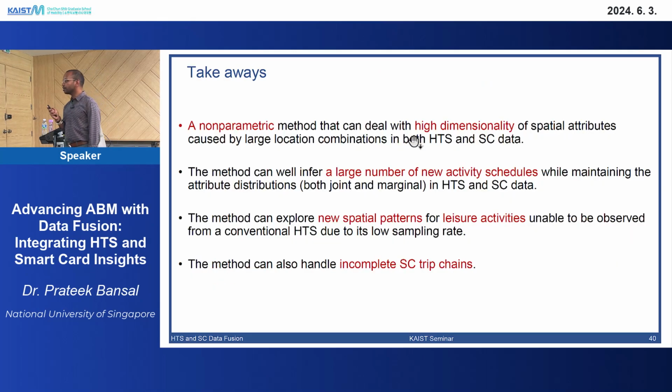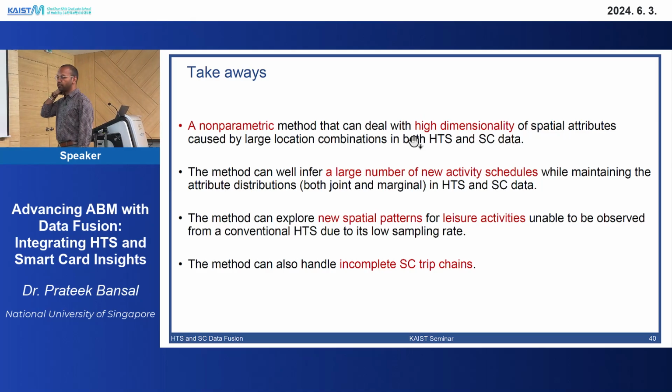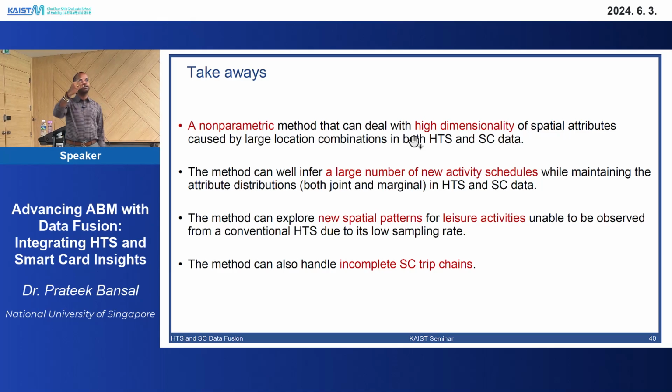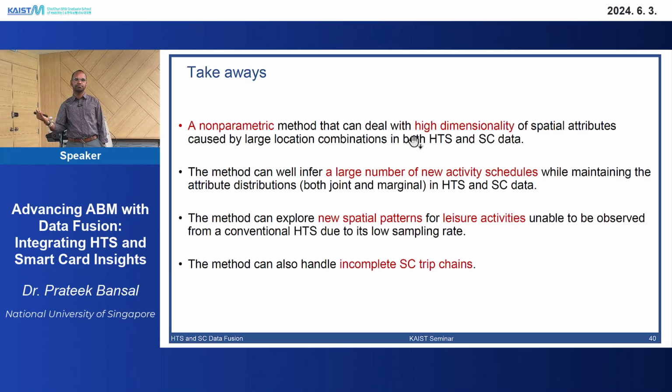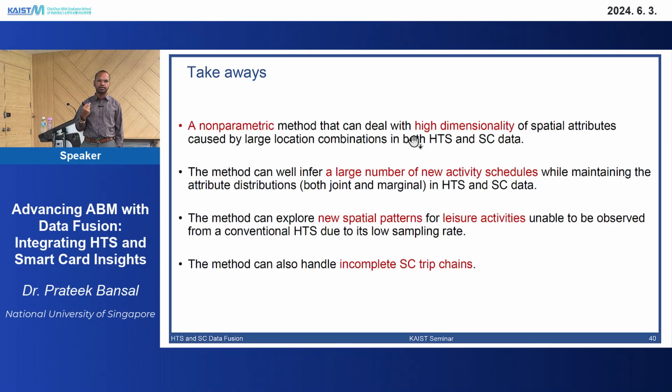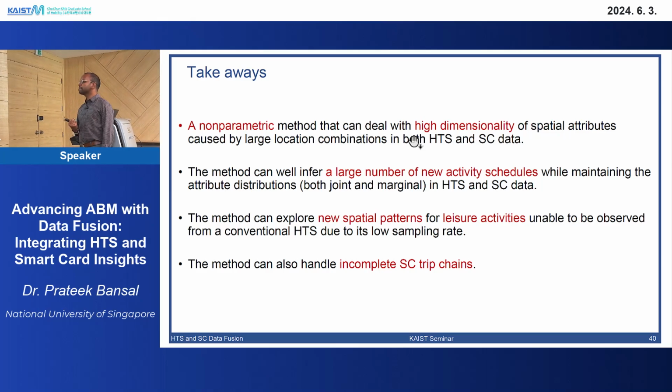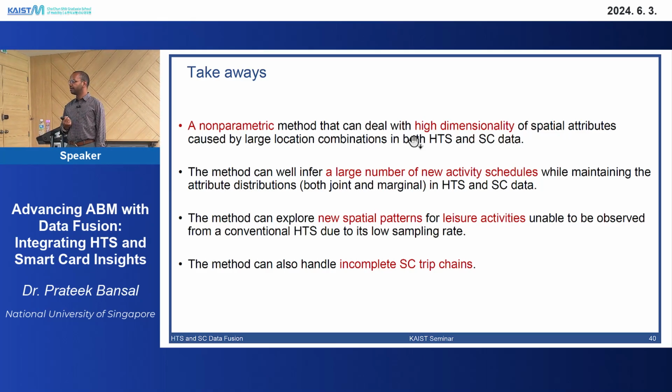The first thing is it's a non-parametric method, right? It can deal with high dimensionality, because it was a billions-of-decision-variables problem that we broke into I cross J decision variables, solving iteratively for the K clusters. It can maintain the joint distributions and the marginal distributions wherever we want to maintain.